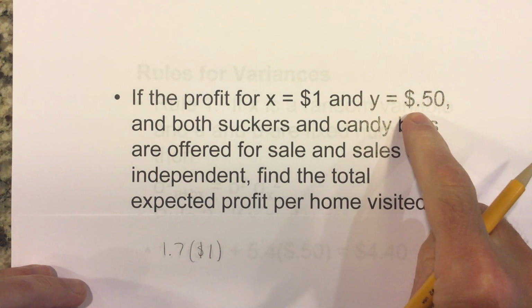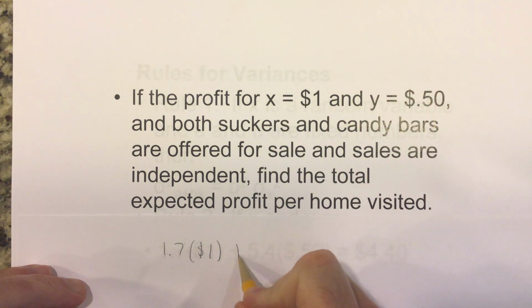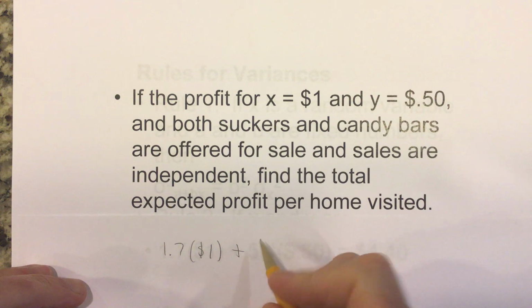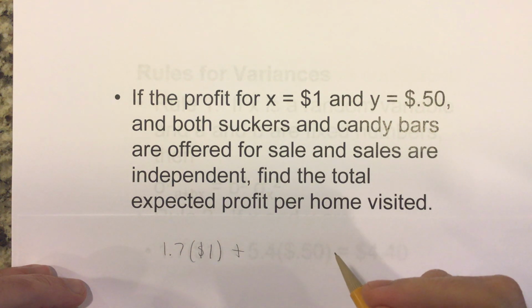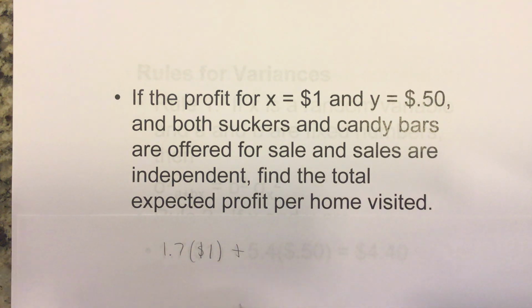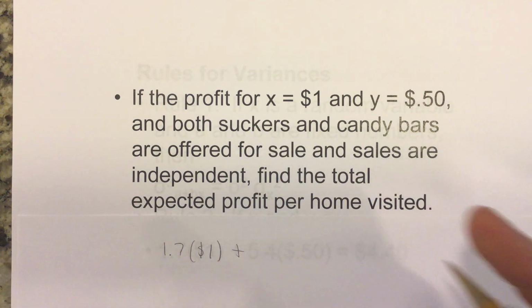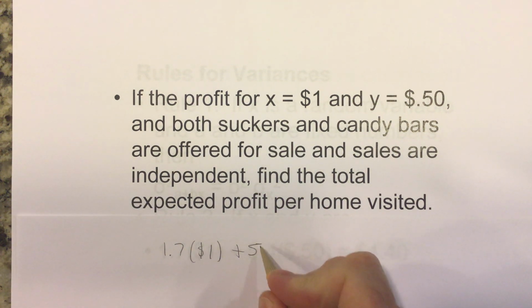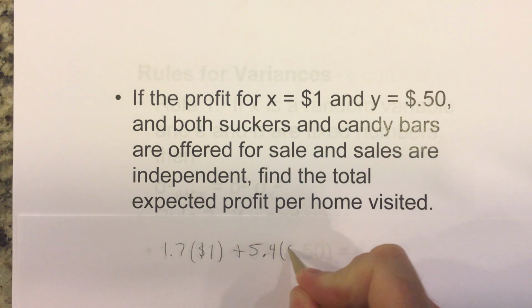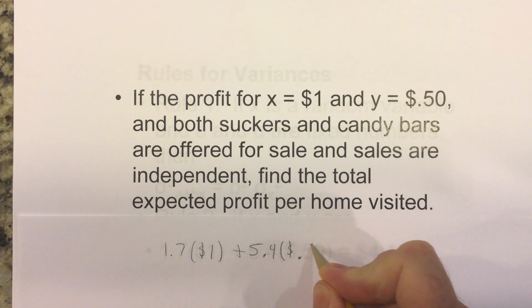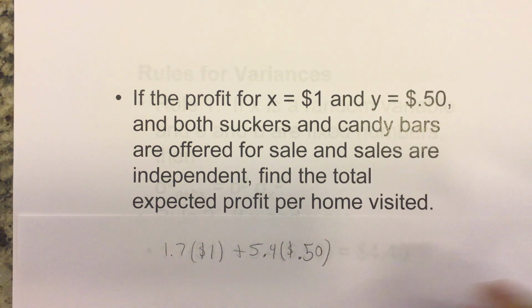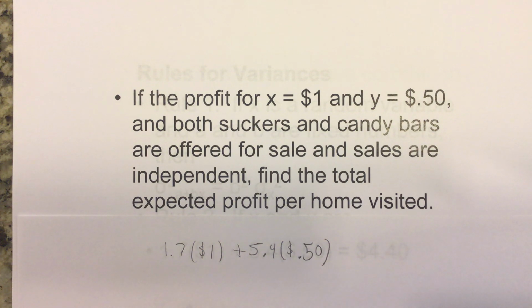Now, for random variable y, suckers, you're only making 50 cents per sucker sold, but you sold on average 5.4 of those. So 5.4 times 50 cents. There you go. We just illustrated our rule for combining random variables and also the multiplication.